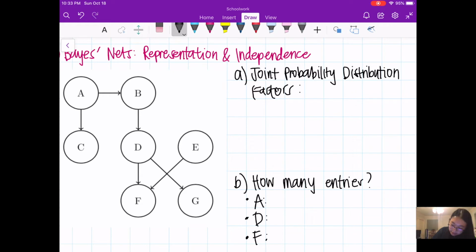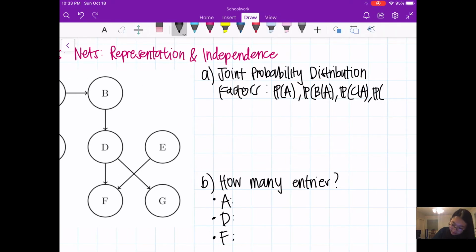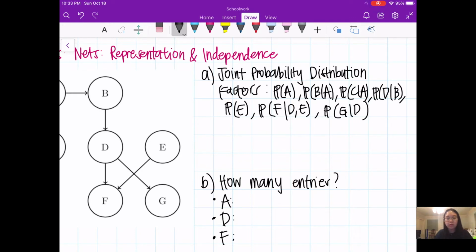So we have the probability of A, and there's no parent, so it's just A. For B, it has one parent, which is A, so B given A. And then for C, similar situation. And then let's look at D, who also only has one parent, specifically given B. And then we also have E, which has no parent, and then F, which has 2 parents, so we are given D and E, and then probability of G given D, because D is G's only parent.